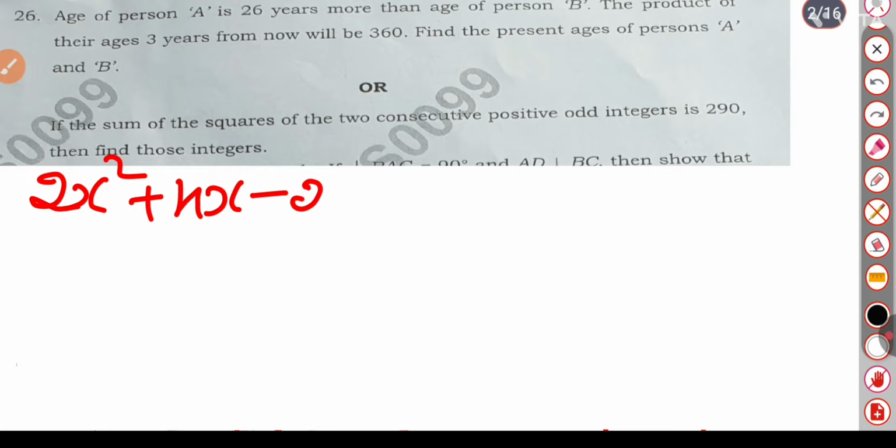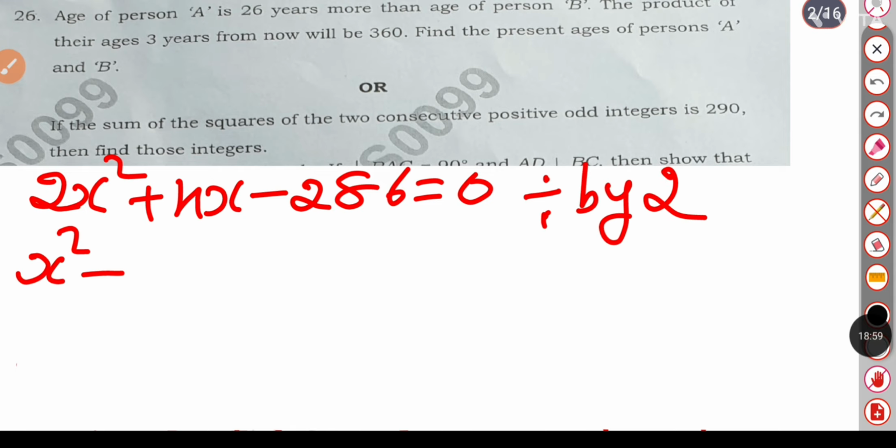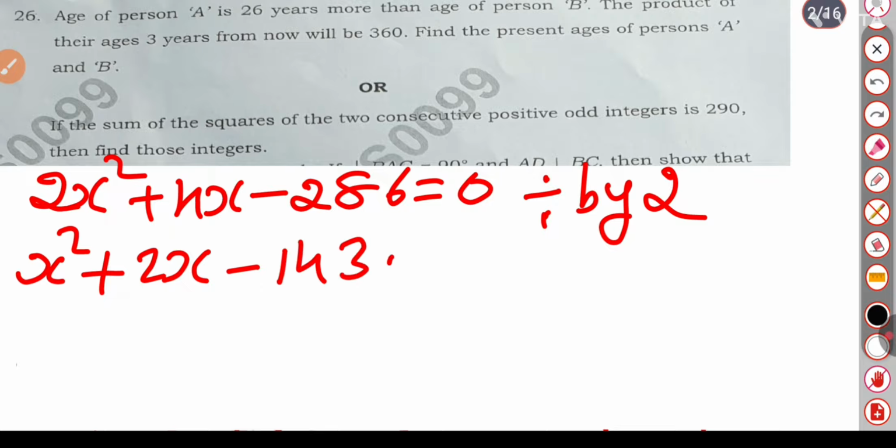For that we can divide the whole equation by 2, because all are divisible by 2. Dividing by 2, what happens? x square plus 2x minus 143 is equal to 0.